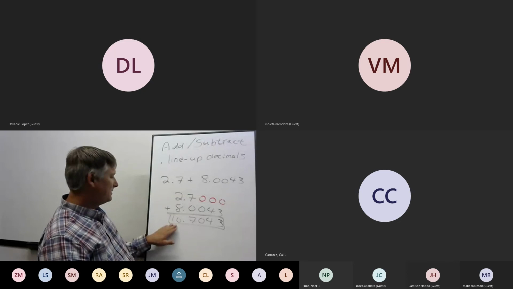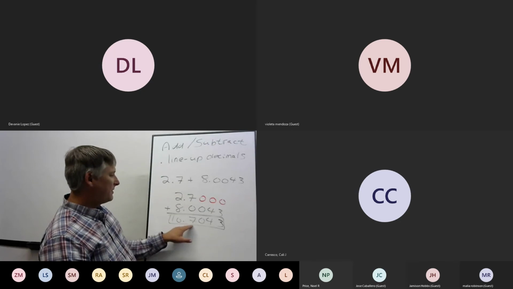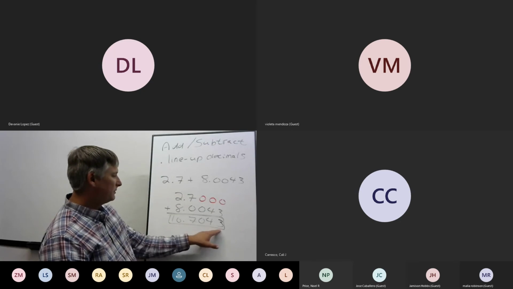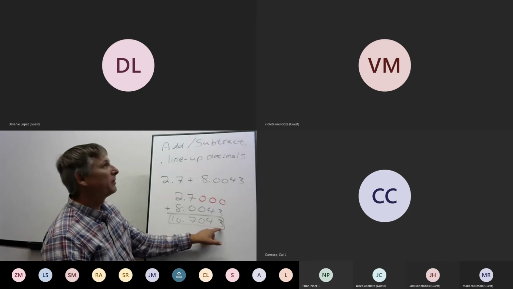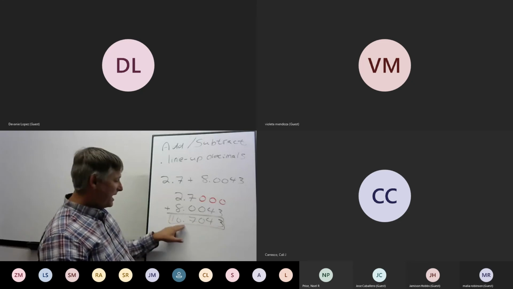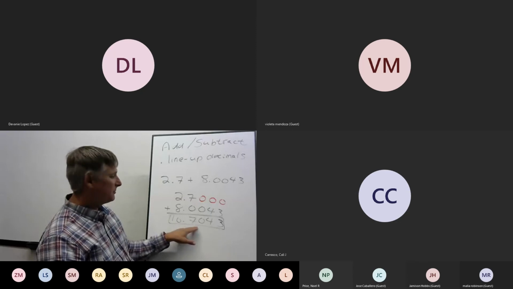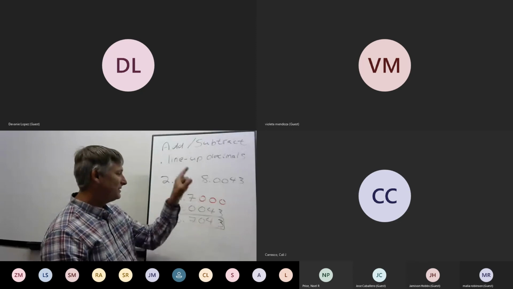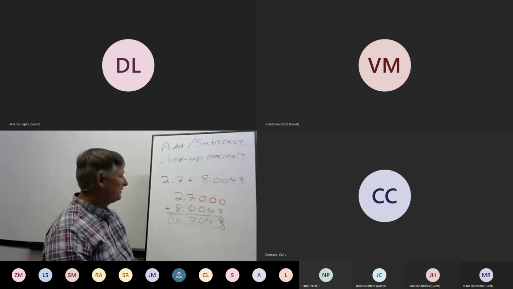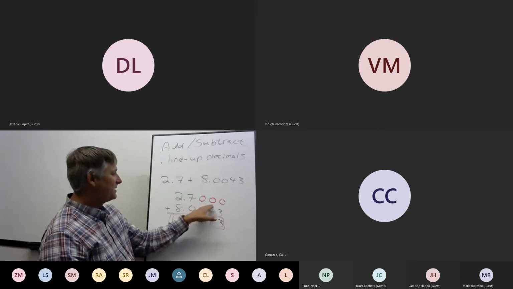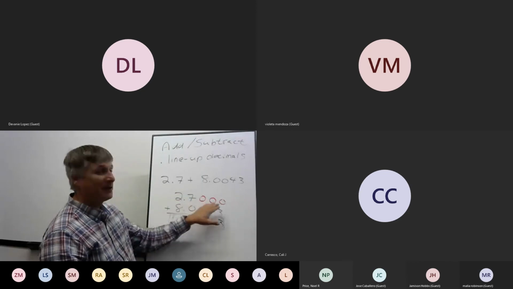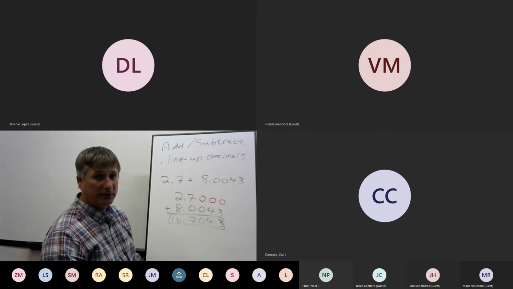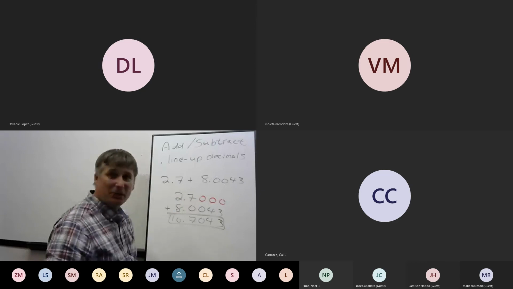So we get 10 and 7,043 ten-thousandths: tenths, hundredths, thousandths, ten-thousandths. So sometimes we have to add in those extra zeros after we line up the decimals, just because we don't want blank spaces. It's what we're trying to avoid. So that's addition.